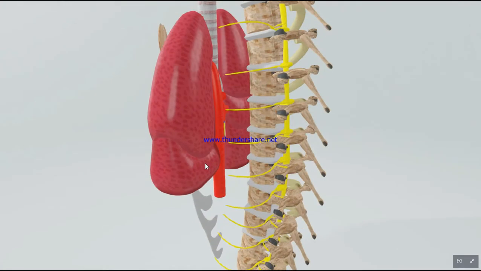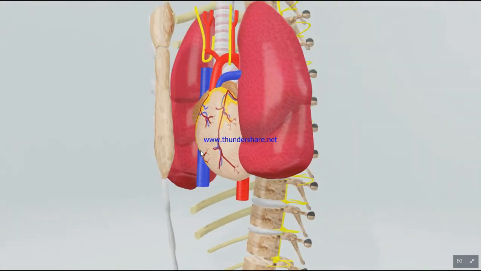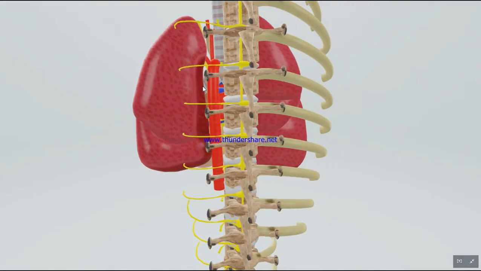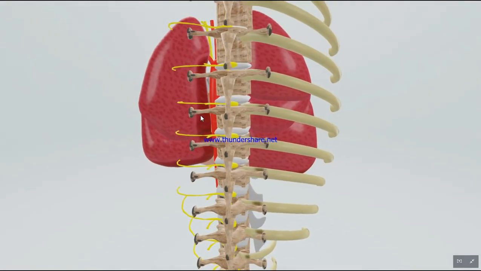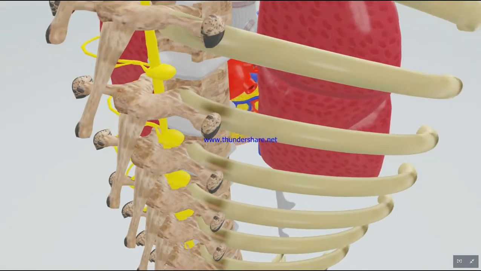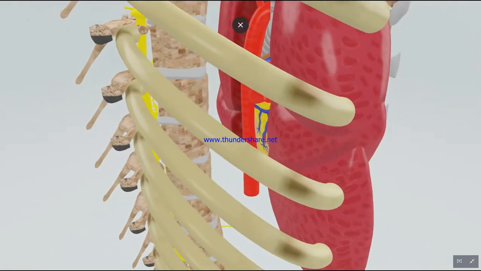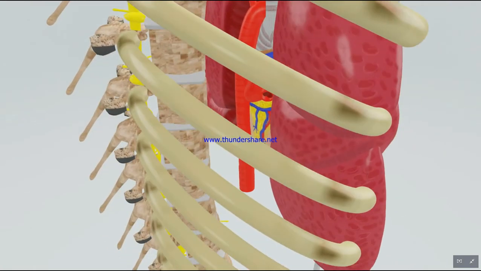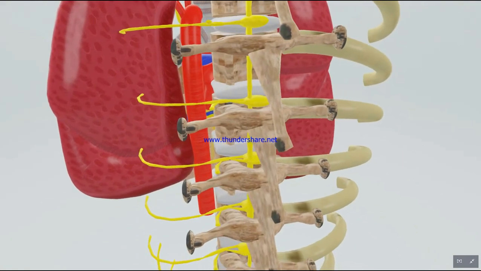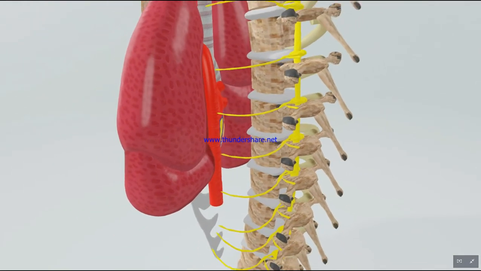The left lung has 2 lobes, the right lung has 3 lobes, and here I've drawn on the left lung. We can see this indentation point. If I can just zoom in for a moment, we can see this indentation point where the arch of the aorta and the descending thoracic aorta make an indentation into the left lung, which you can see in the cadaver labs when you remove the lung from the cadaver.